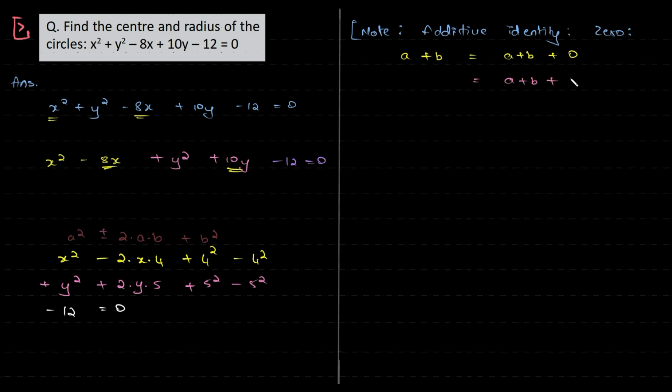How can I write 0? Well, that's a weird question. I can write 0 as 16 minus 16. Is that correct? This entire 0 I can replace with 16 minus 16. Does it make sense?